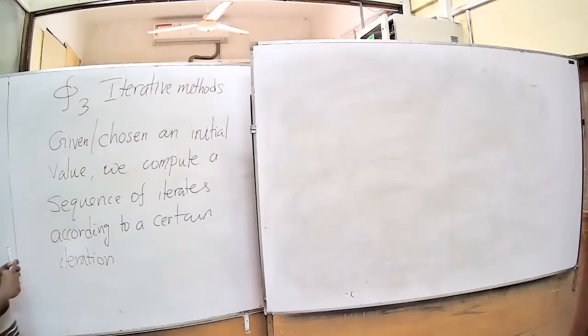Iterative methods mean we choose an initial value, and then we apply some kind of formula, which is known as the iterative formula or iteration. Then we try to find a sequence of components which eventually leads to the solution we are looking for.